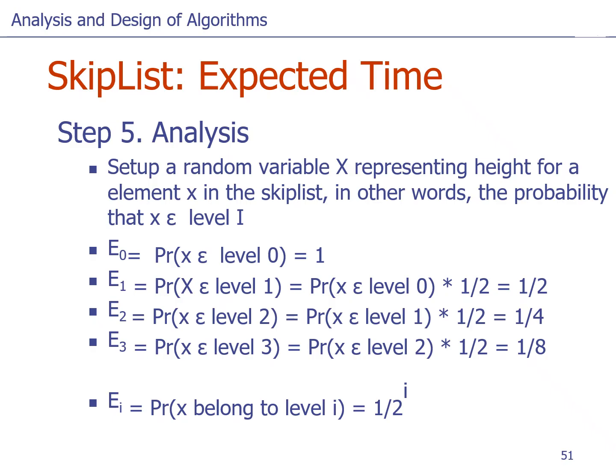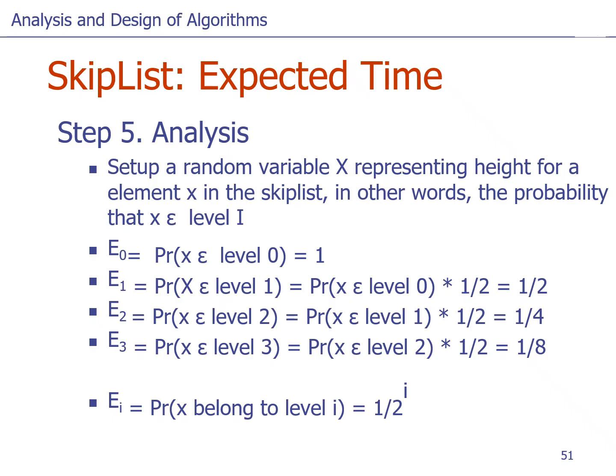So big X is the probability of x being in level i. This is what we use random variables for, to represent and compute probabilities.